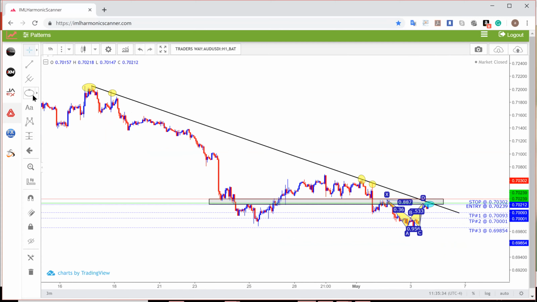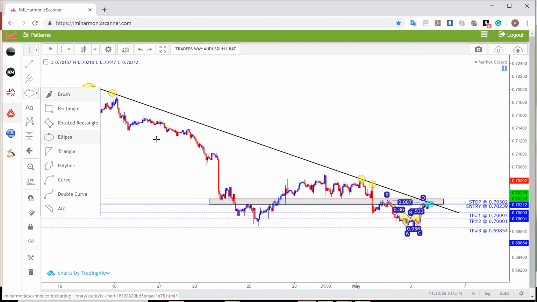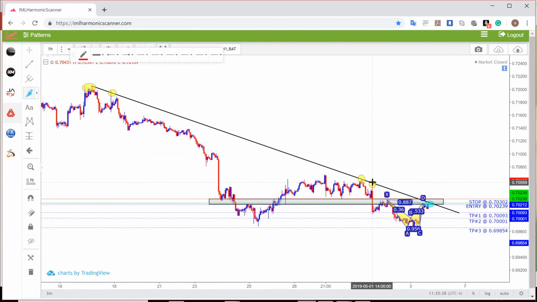Let me show you the pullback. Let me show you the retest. Let me show you whatever you want to call it. Price came down. Let me use black. Price came down, up. That is example one, right? Price came down, up.